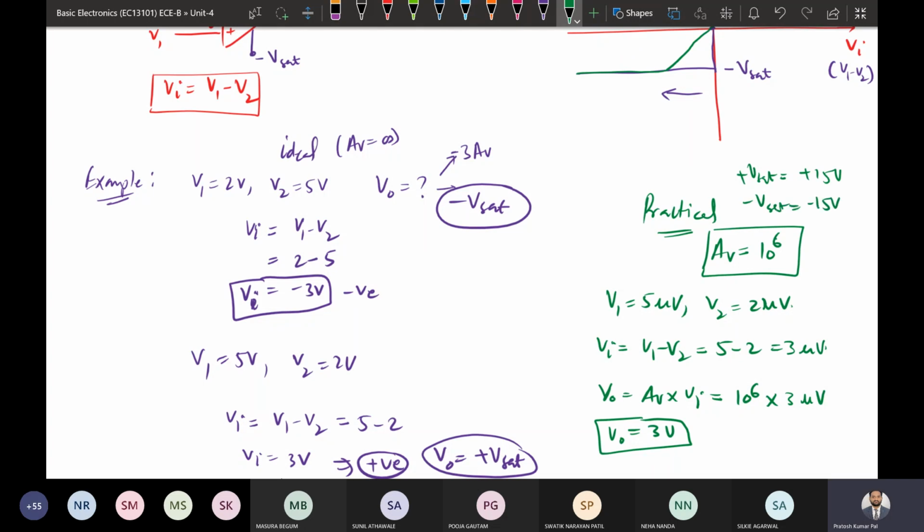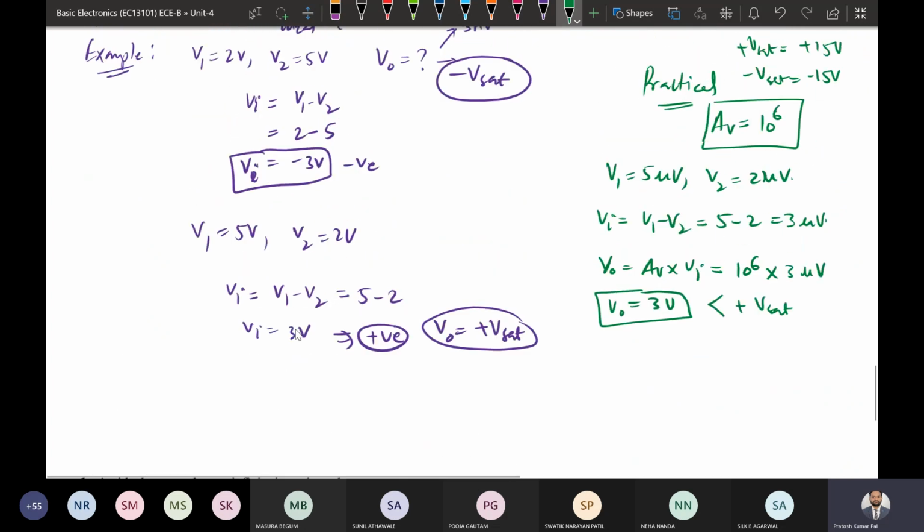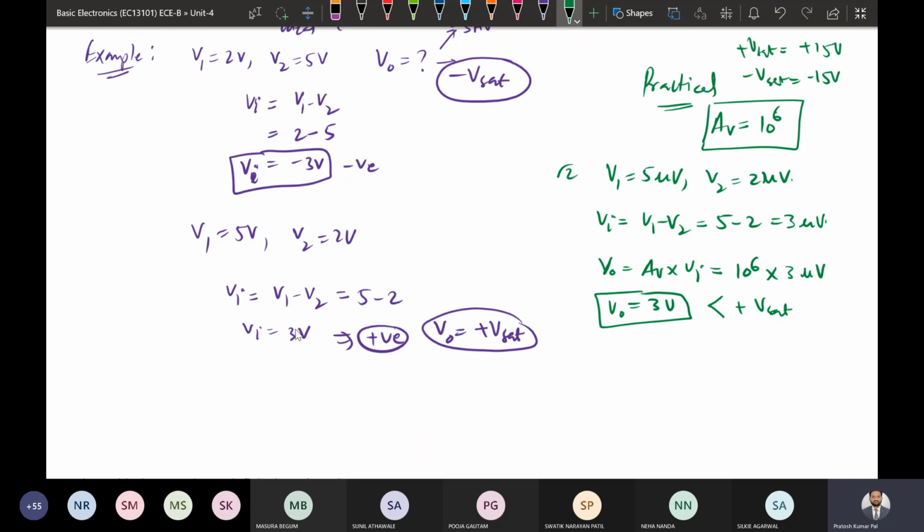In that case, as the output is coming out to be 3 volt, and this 3 volt is less than plus V sat, because plus V sat is 15 volt, the output will be 3 volt only.